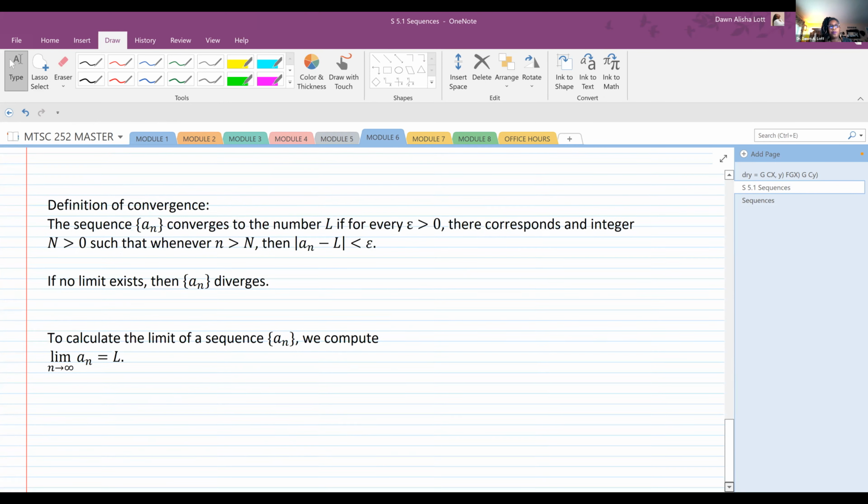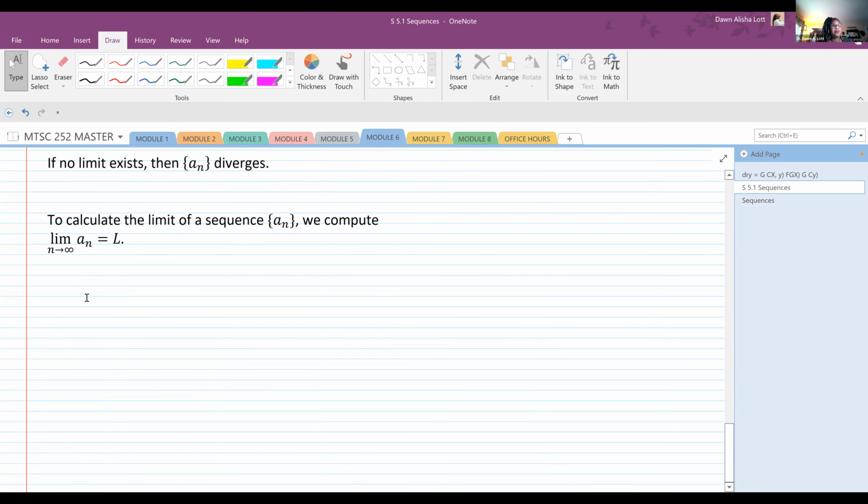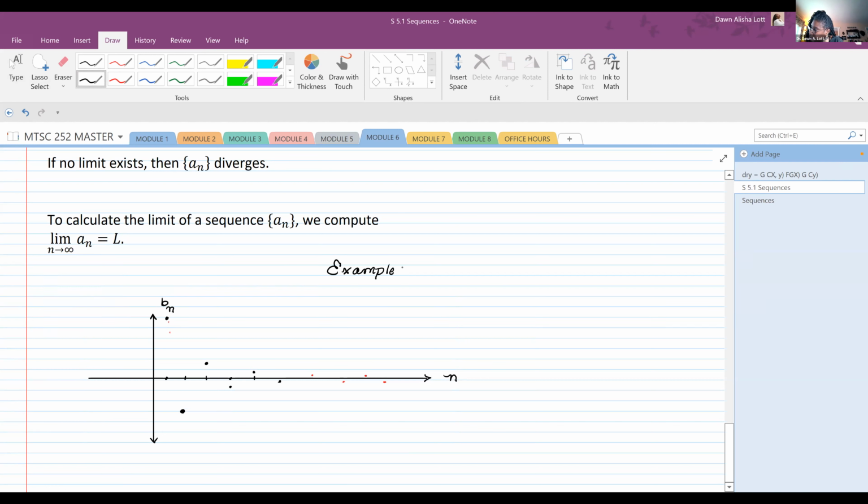Okay, so for this picture, for this function b sub n, we had b sub n equal to (-1)^(n-1) divided by 2^(n-1).